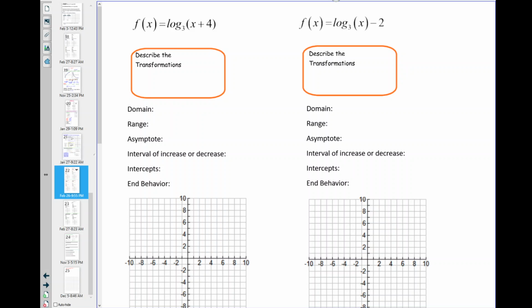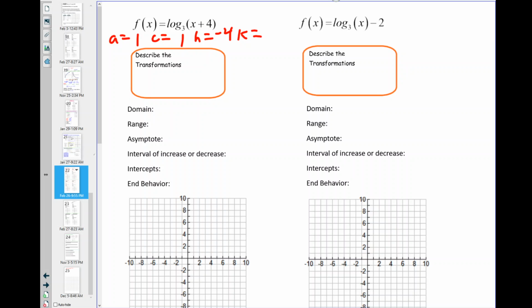So look at this first one. There's a base 3 log. Let's identify A, C, H, and K. What's A here? 1. What is C? What is H? Yeah, with these there has to be the parentheses. If there's going to be an H, it has to be in a parentheses.